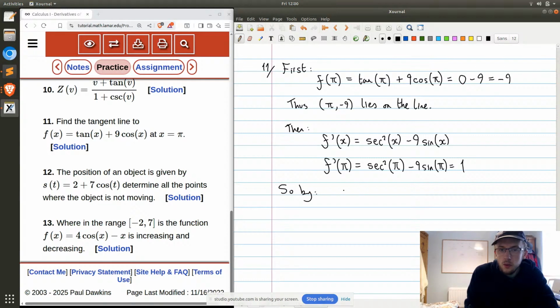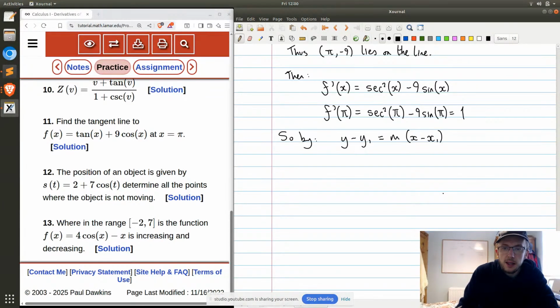So now we use y minus y1 equals m times x minus x1, because that will let us get the formula for the line. And we just plug stuff in. So y plus 9 equals 1 times x minus pi. So y equals x minus pi minus 9.